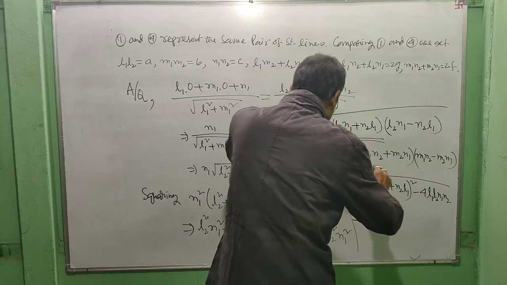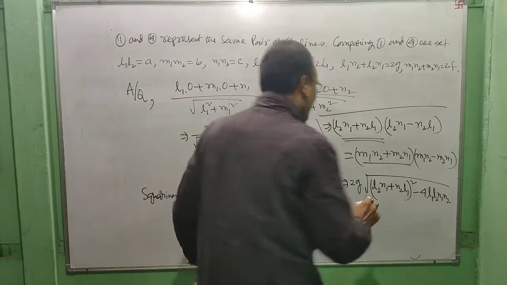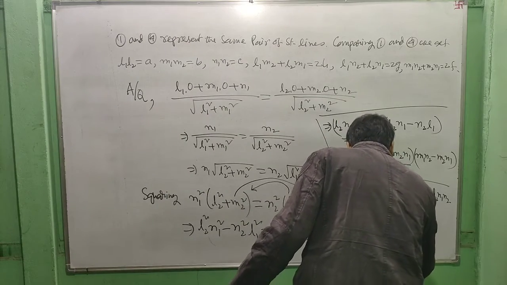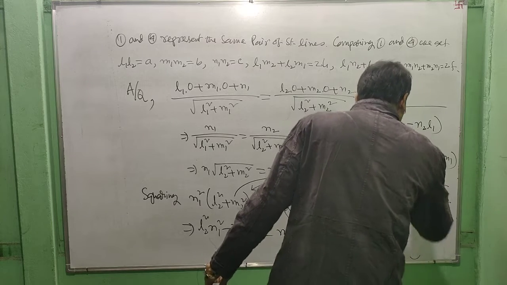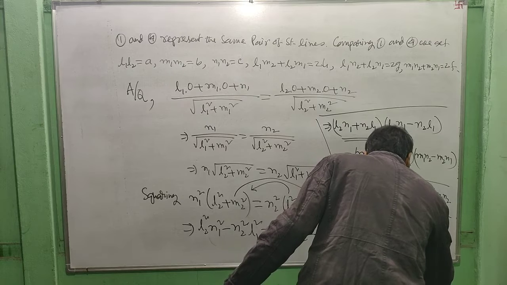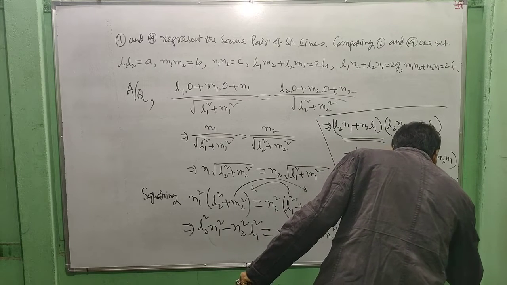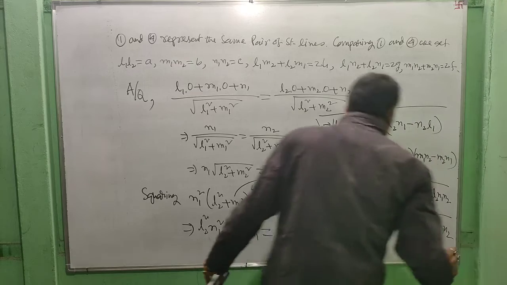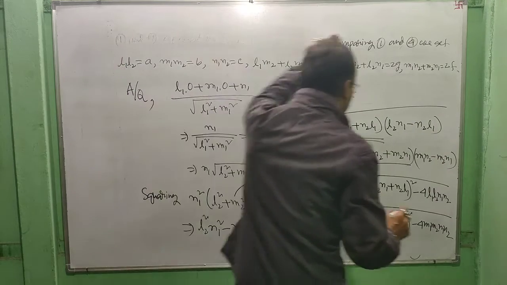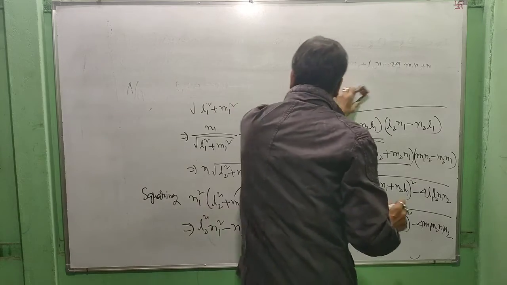This is equal to, what is this? M1, M2. This is equal to twice f into root of r. What is this? It will be M1 M2 plus M2 M1 whole square minus 4 M1 M2 M1 M2. Thus, we have to simplify this.